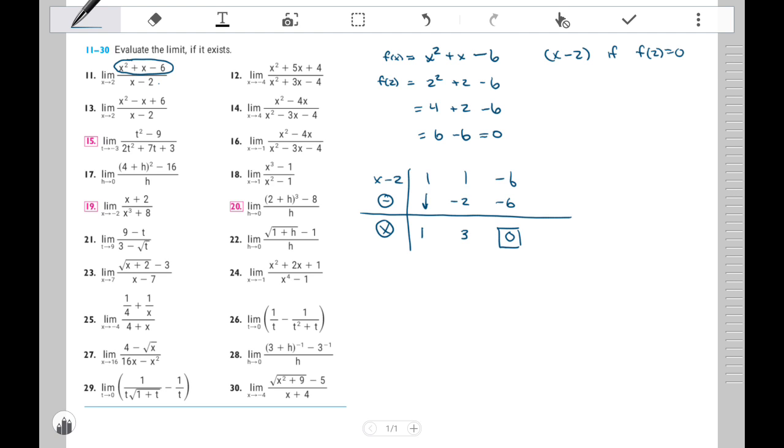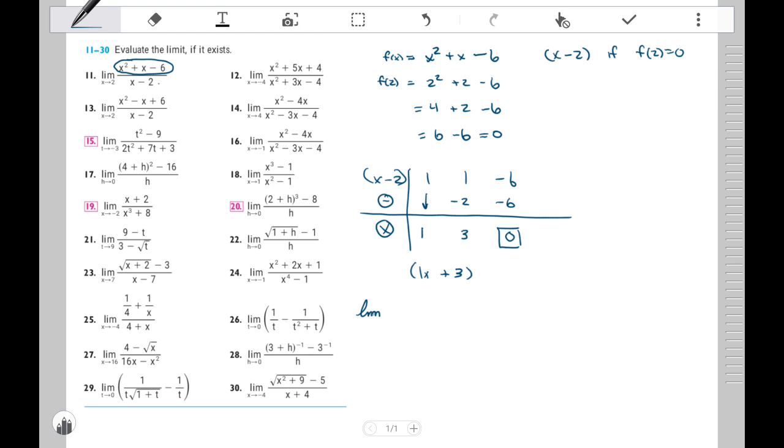We knew that it was going to be 0 remainder by the remainder theorem, but this just shows us we got a remainder of 0 regardless. The answer that we found down here, the 1 and the 3, that relates to 1x plus 3, the remaining bracket when we have divided this polynomial by x minus 2. In other words, we can write our limit like this.